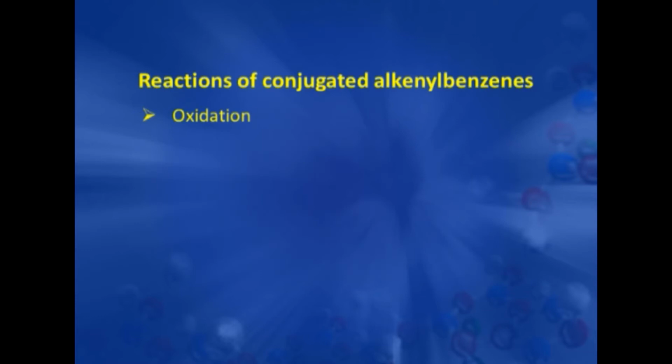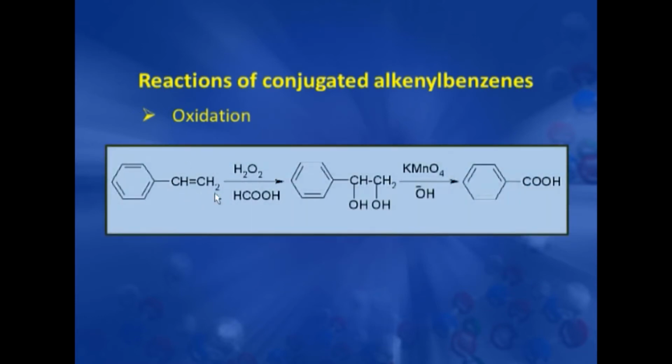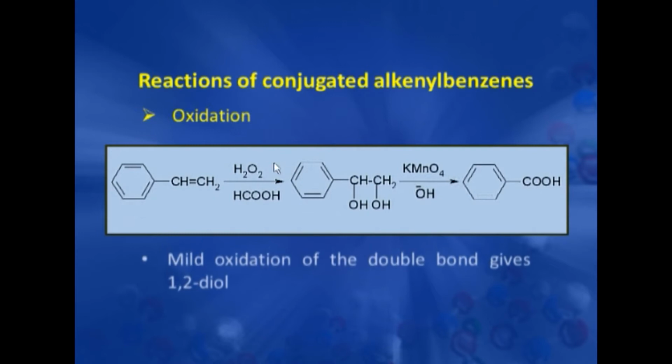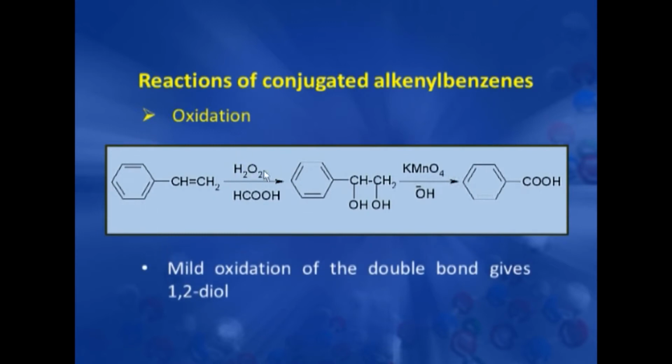Similarly, for oxidation also, if we oxidize the side chain then milder conditions are required, with hydrogen peroxide and formic acid to give a diol, but if we use strong conditions, then there is cleavage of the carbon-carbon bond and the final product benzoic acid will be obtained.